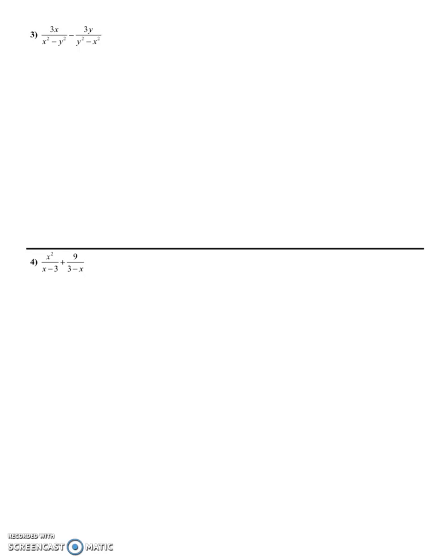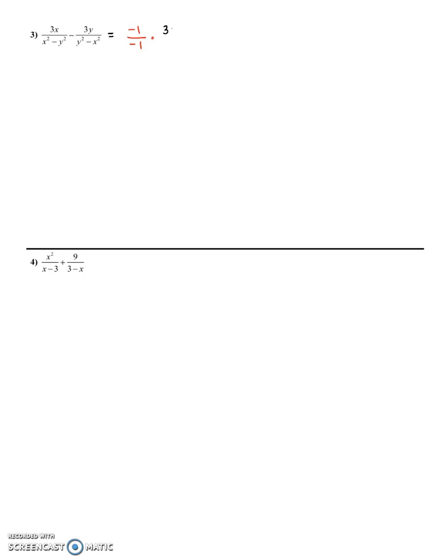Because our denominator for our first expression is x squared minus y squared, and the denominator in the second term is the opposite of that, y squared minus x squared. So what we do is let's multiply that first term by a -1 over a -1.